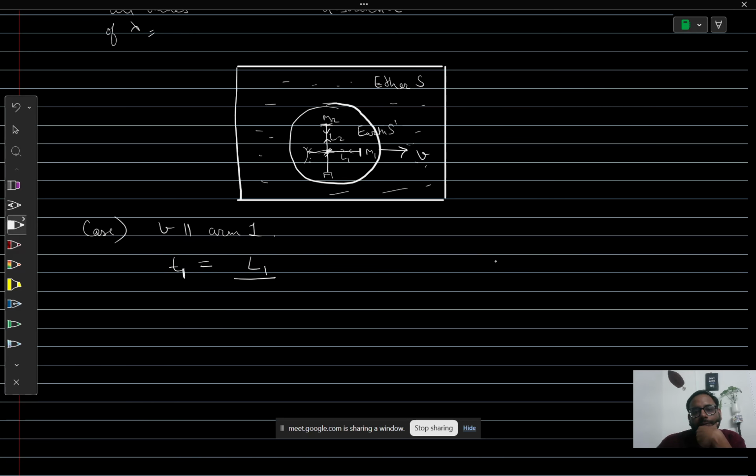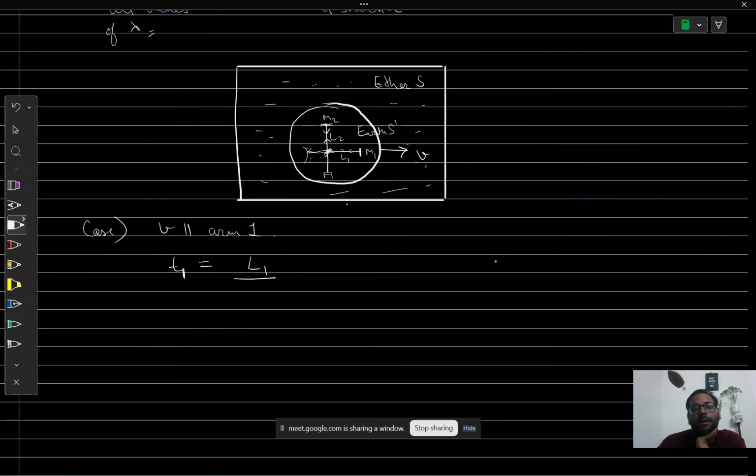But you are missing something, because this frame is moving with speed v. The time taken by the light, and light is moving with speed c, but the Earth is also moving with speed v.